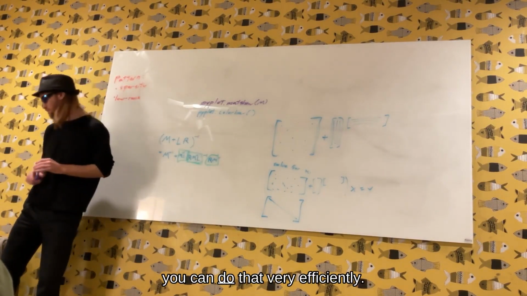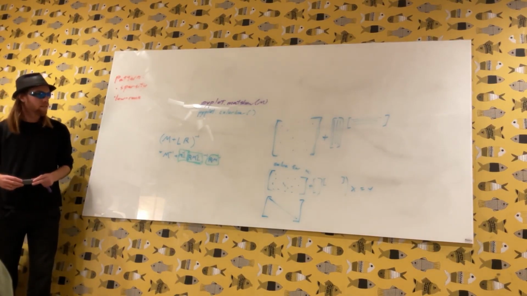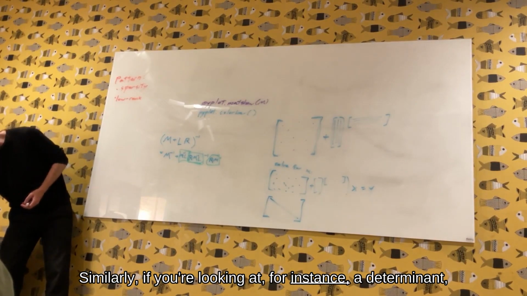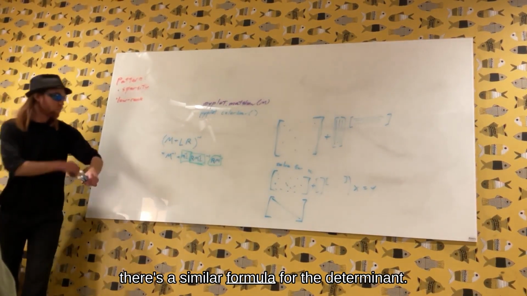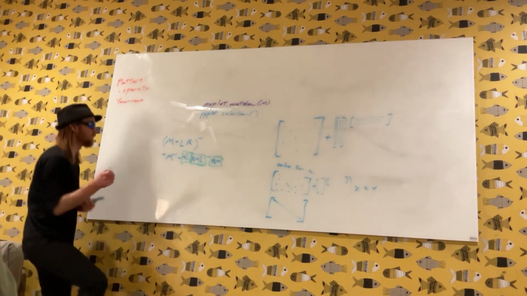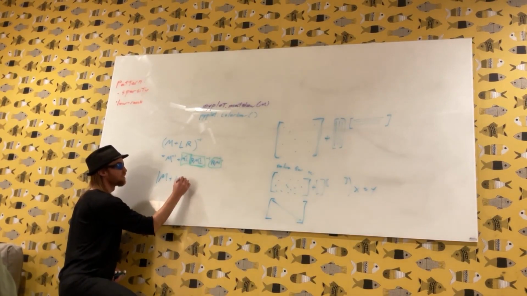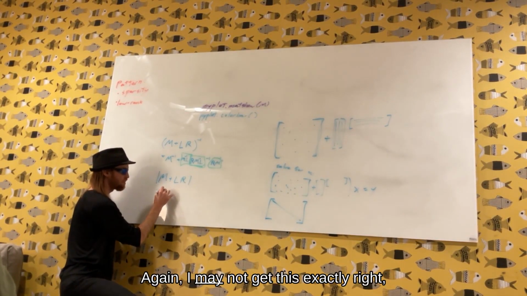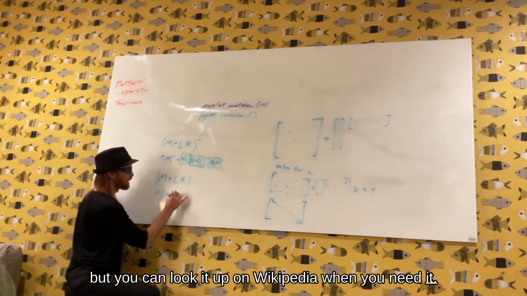You can compute that very efficiently. Similarly, if you're looking at, for instance, the determinant, there's a similar formula. You get determinant of M plus LR is equal to, again, I may not get this exactly right, but you can look it up on Wikipedia when you need it.